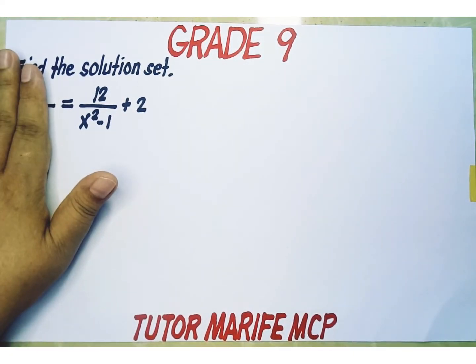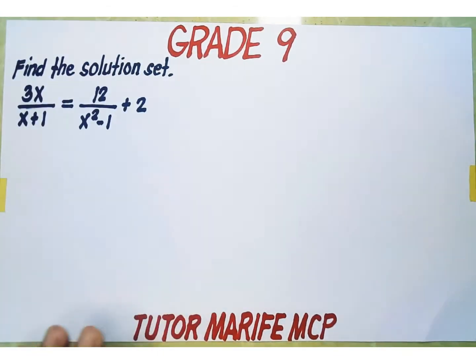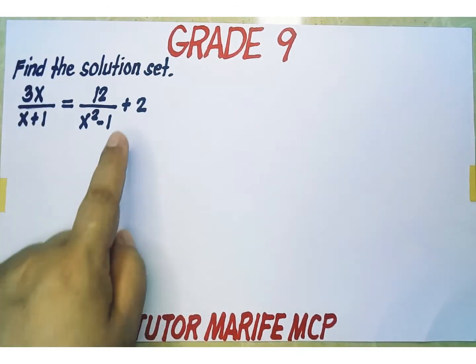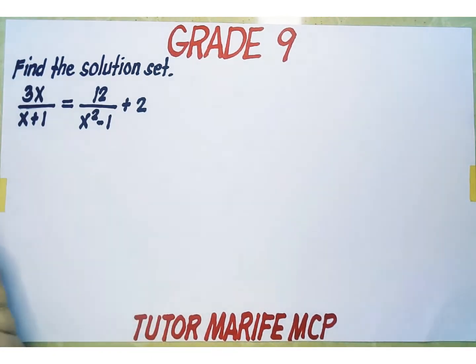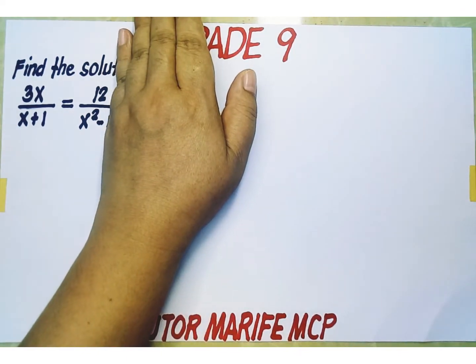Isang fraction lamang sa kaliwa, isang fraction lamang sa kanan. Dahil dito sa plus 2 ng kanan, hindi tayo pwedeng mag-cross multiply.